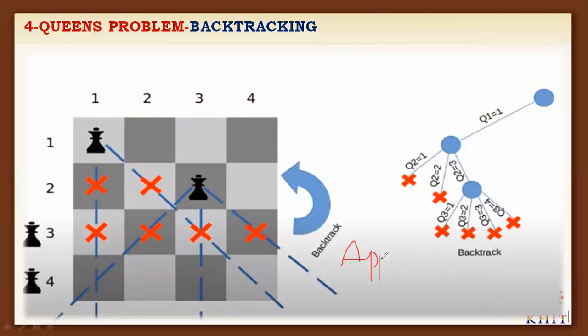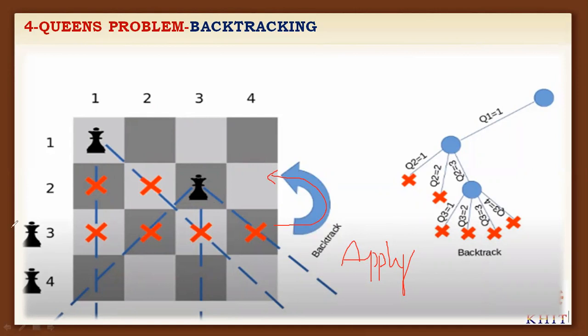When I apply it, what shall I do? I go back, moving to the second row. Here you have the provision of placing the next queen Q3.